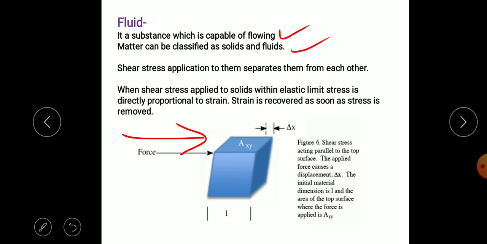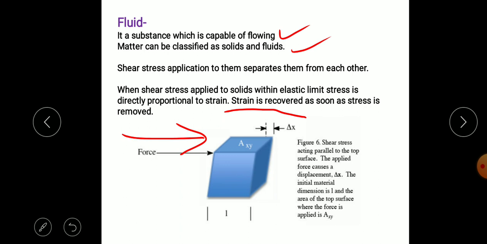When shear stress is applied to a solid within the elastic limit, the stress, meaning force per unit area, is proportional to the strain. There may be a certain change in length, but as the force is removed, the object returns to its initial state, that is, the solid recovers its original length.